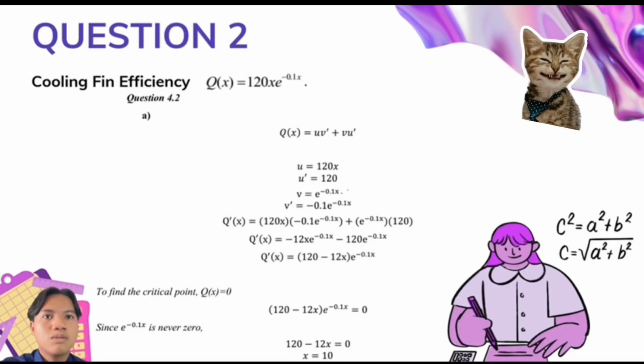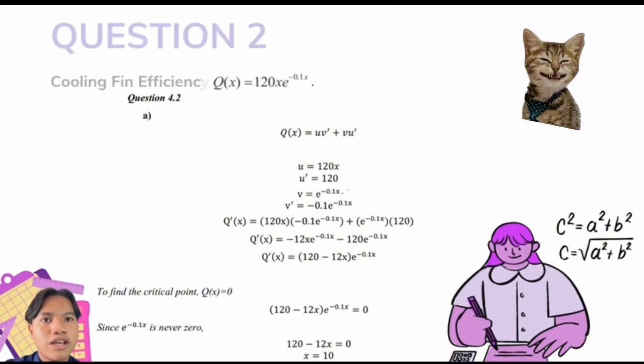Since e to the power of negative 0.1x is never 0, we can ignore it and calculate the value in the bracket. Thus, we obtain the value of x, where x is equal to 10. To ensure that x equal to 10 is the critical point or the maximum point, we differentiate the equation for the second time, using the product rule as well.